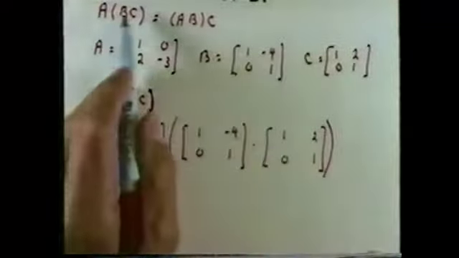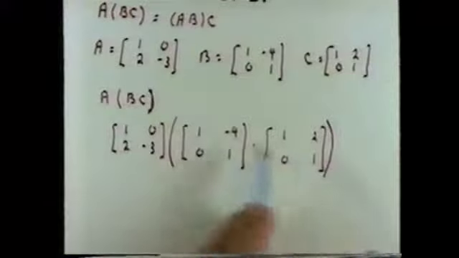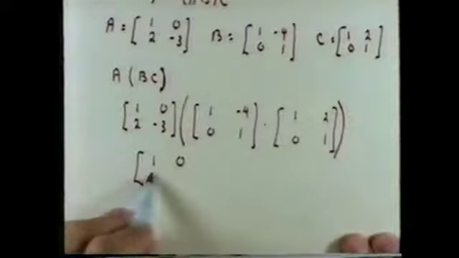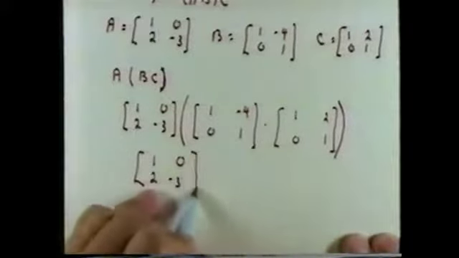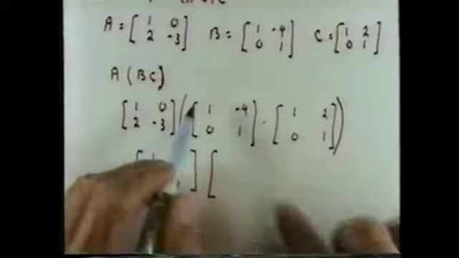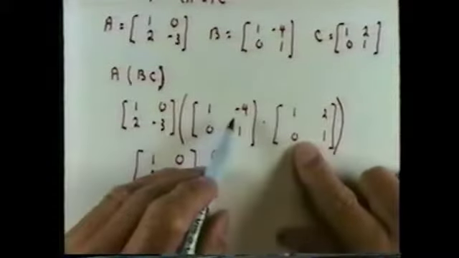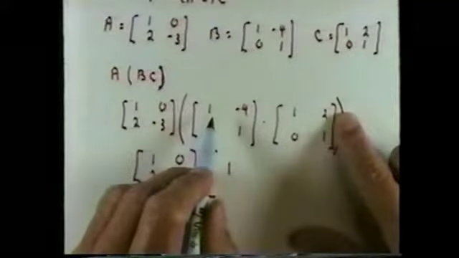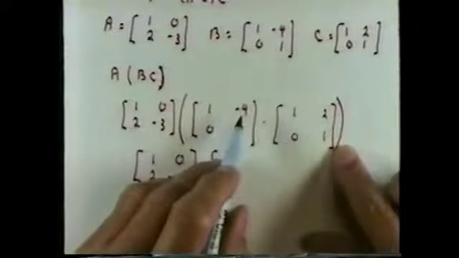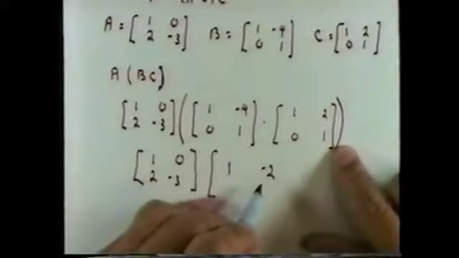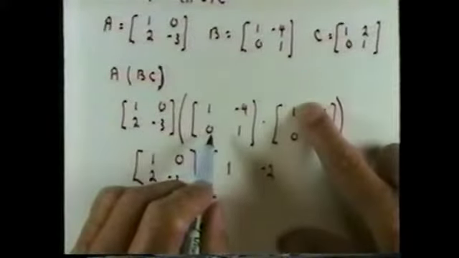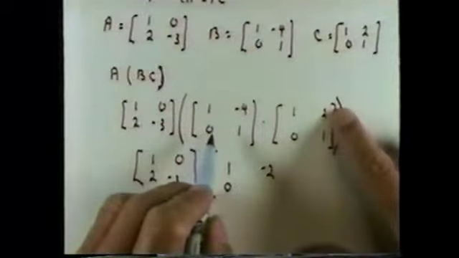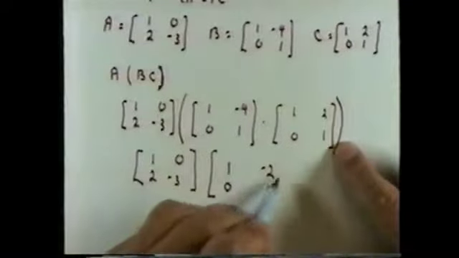Now, based on the parentheses on the left, I do the B and C first. So it's going to be 1, 0, 2, negative 3 times 1 times 1 is 1, negative 4 times 0 is 0, so this is going to be 1. 1 times 2 is 2, minus 4 is negative 2. 0 times 1 is 0, 1 times 0 is 0, 0 plus 0 is 0. 0 times 2 is 0, plus 1.